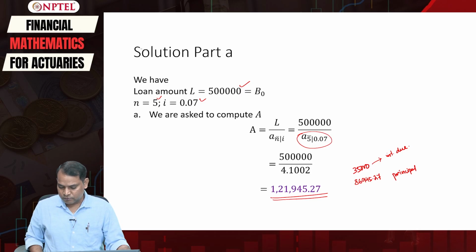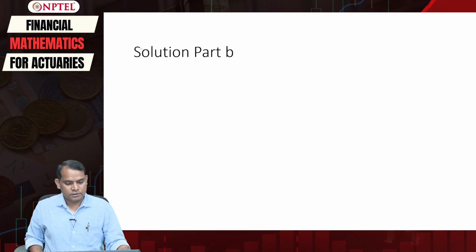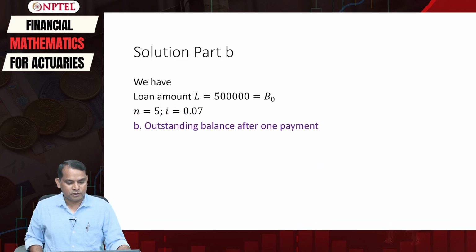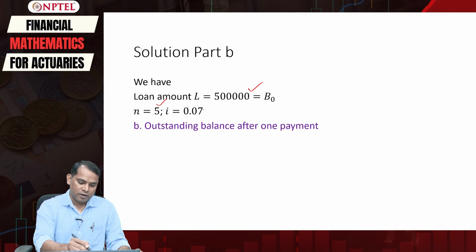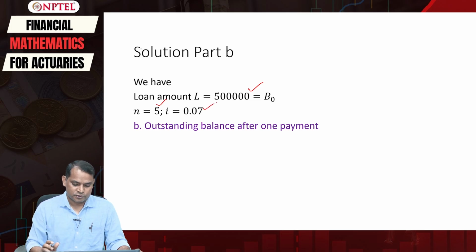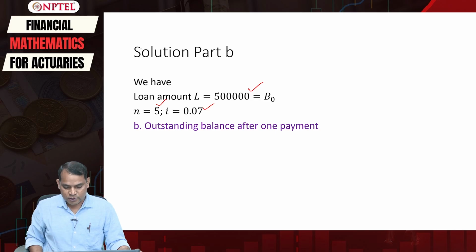Let us now have the second part of the solution. What is the second part? Again we have the same thing: L is 5 lakh, N is 5 and i is 0.07. So we need to compute the outstanding balance after one payment. What is the outstanding balance?